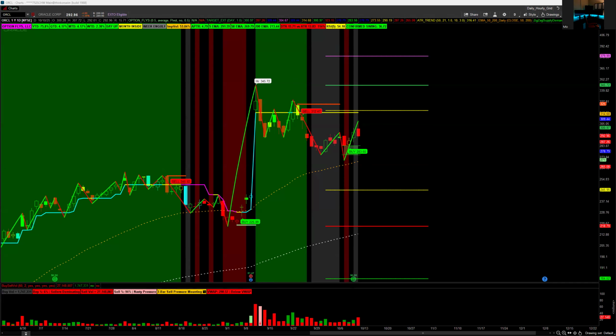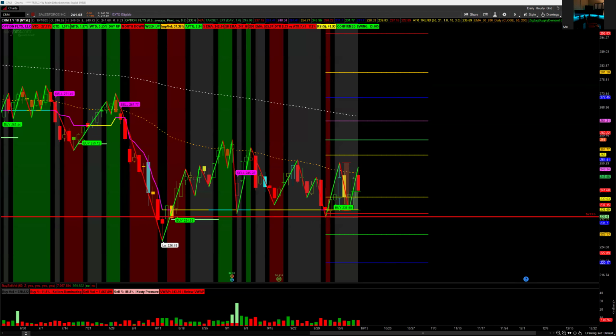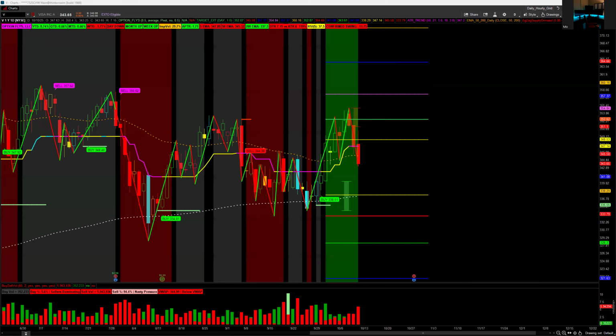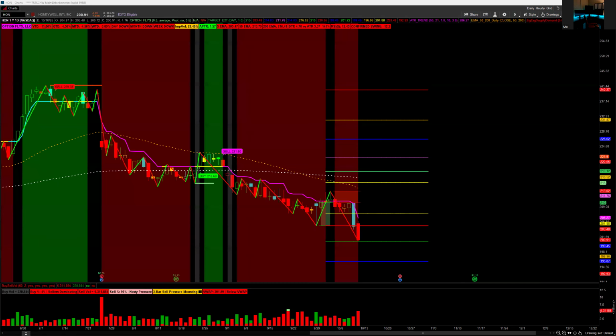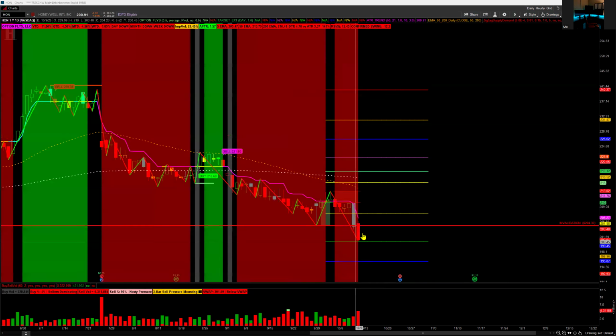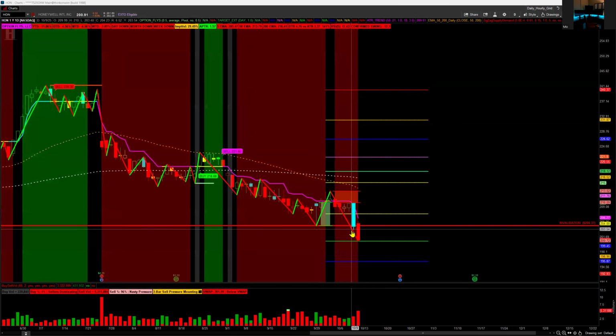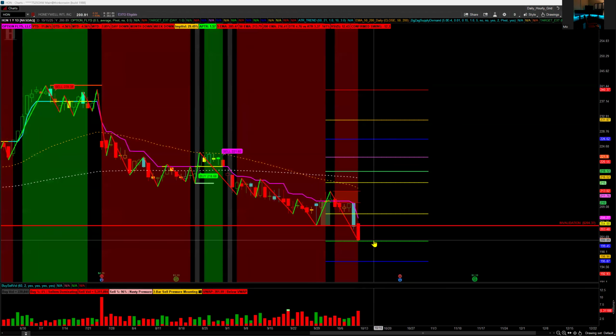Amazon is dying. Salesforce down 27%. Visa up 8%. Honeywell, we got stopped on this one. Down now 11%. So it took out this low right there, and pushed even more down to 200.